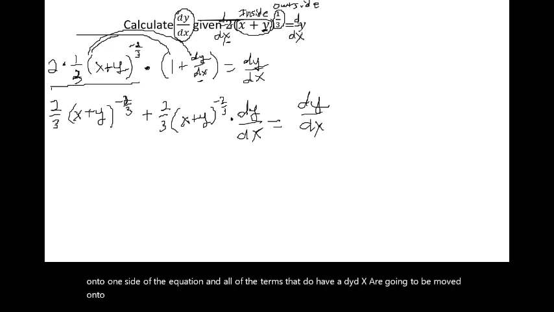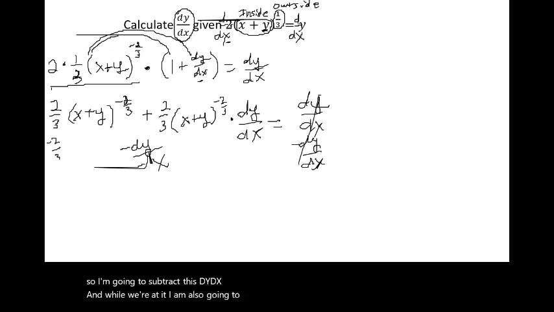Then we are going to move all of the terms that do not have a dy/dx onto one side of the equation, and all of the terms that do have a dy/dx onto the other side. So I'm going to subtract this dy/dx, and I am also going to get rid of this first term that does not have a dy/dx in it by subtracting it from both sides.